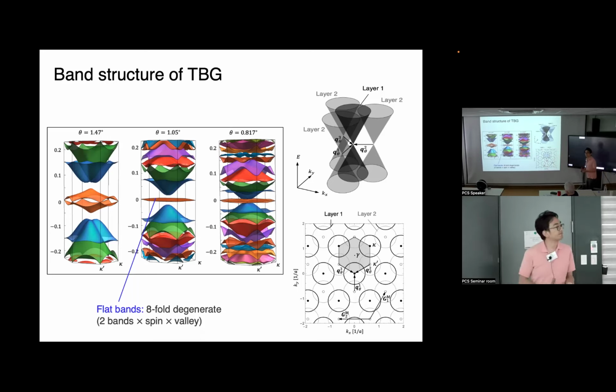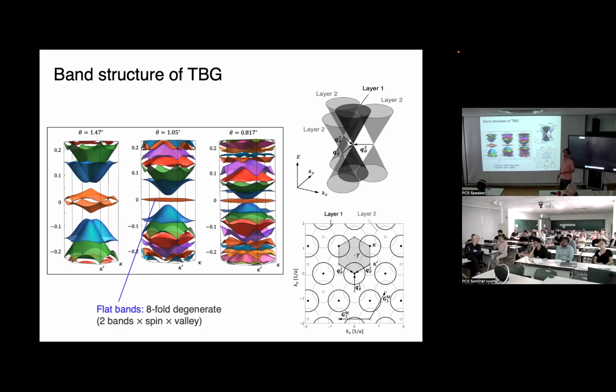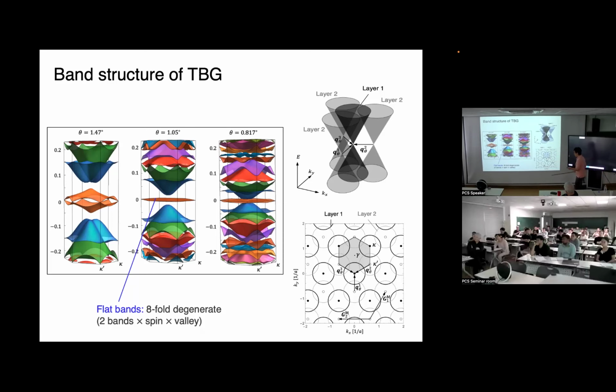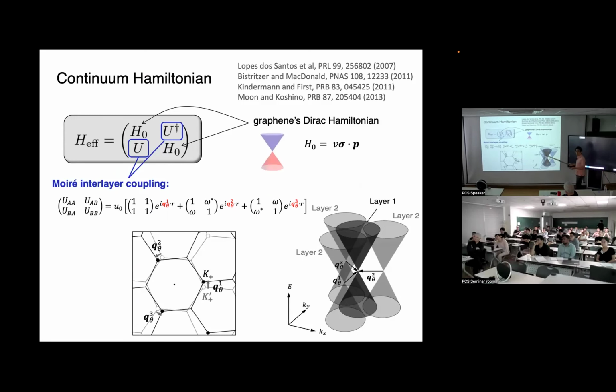Can I ask a question? Sure. Here, the band structure looks like it is drawn over a periodic Brillouin zone. Am I right? Yeah. In the previous slide, we were talking about the effective Hamiltonian, which is a continuum Hamiltonian. So how do we get from the continuum picture to the periodic picture? Yeah. So you have the three vectors.